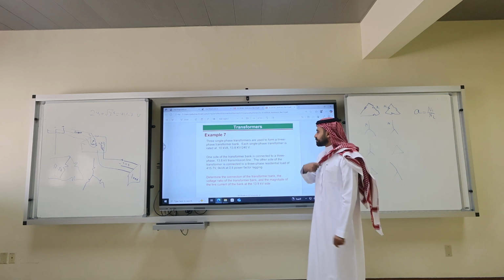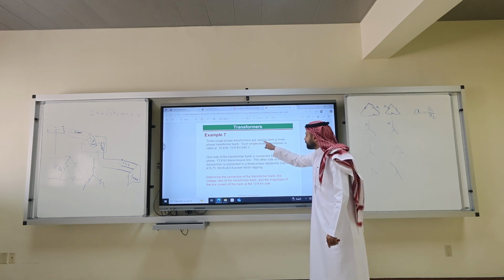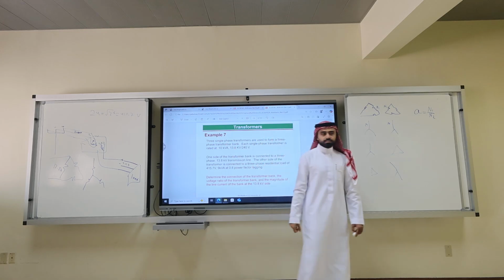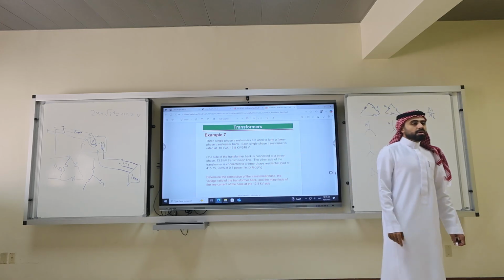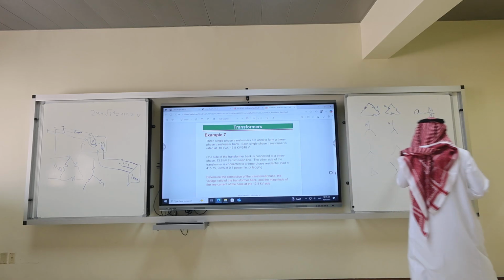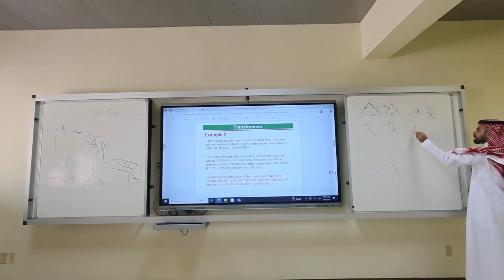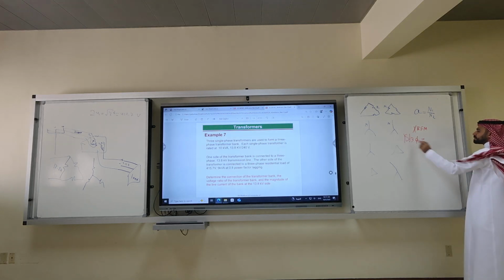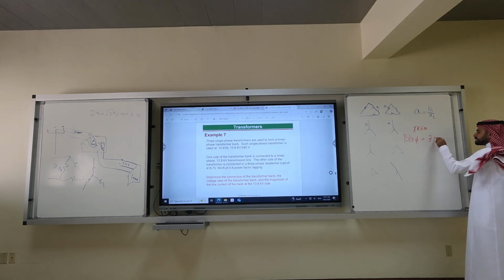Let's read the question. Each single phase is rated at 10 kVA. What does that mean? It means for the XFRM the three-phase rated power is 3 times 10, which is 30 kVA.